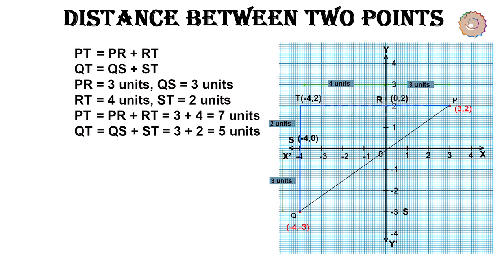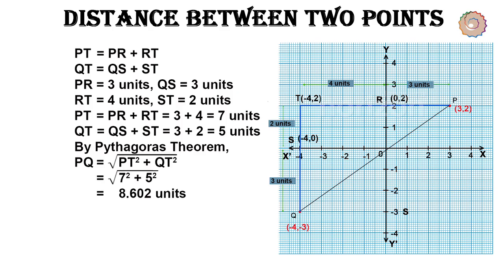So PT equals 7 units and QT equals 5 units. Now we can find PQ by Pythagoras theorem. PQ equals root of PT square plus QT square, that is root of 7 square plus 5 square, which is 8.602 units.